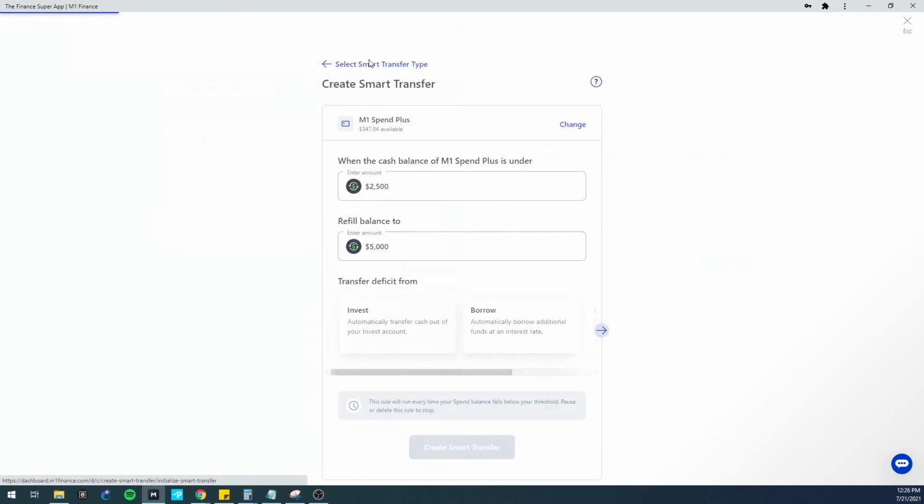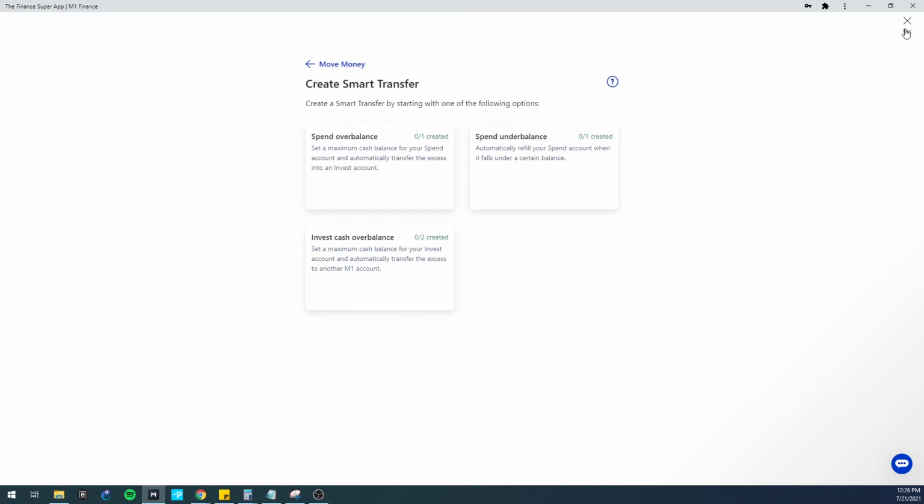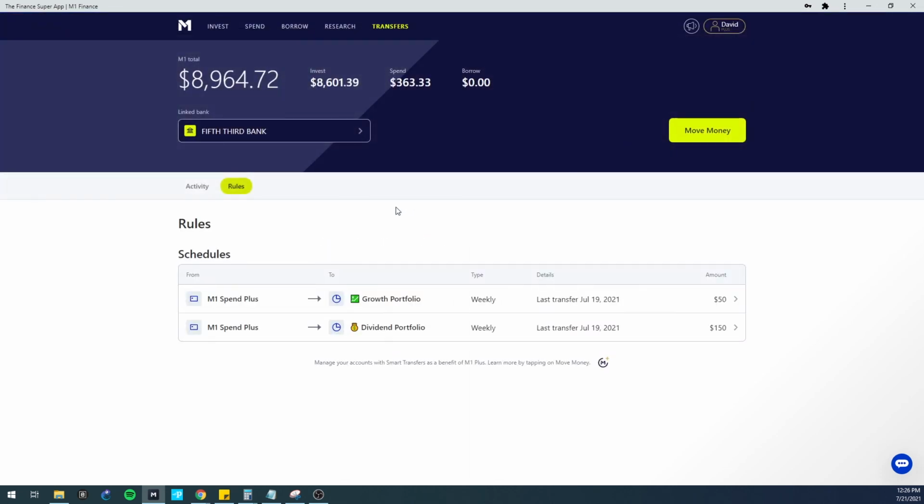There is a lot of things you can do with this transfer system. I'm not going to set up an entire one. I might do that as an optional video.